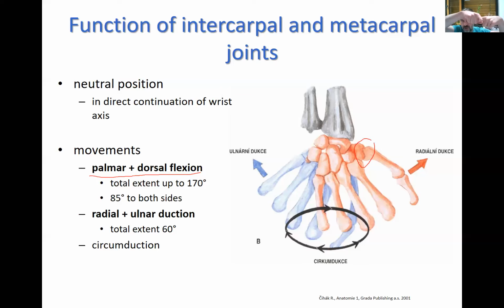The passive rotation is possible related to the shape of the head, as you can see here, which is like a ball and socket, but we have no muscles to perform that. That's why you are not able to perform rotation actively, but you can rotate passively.